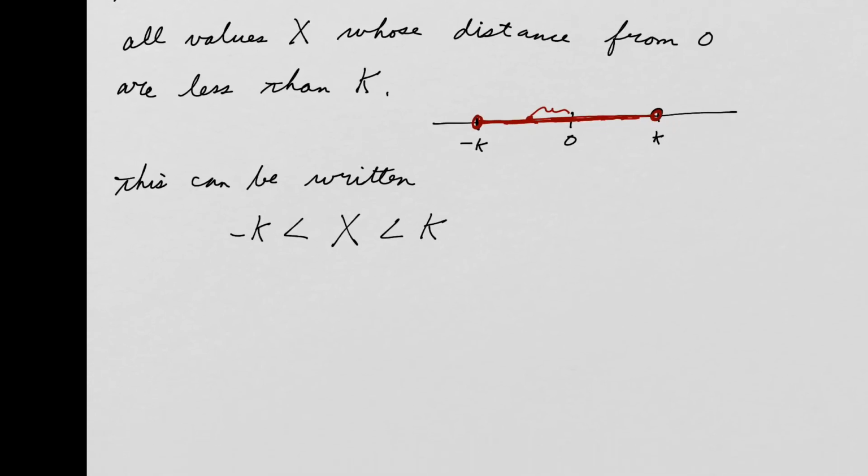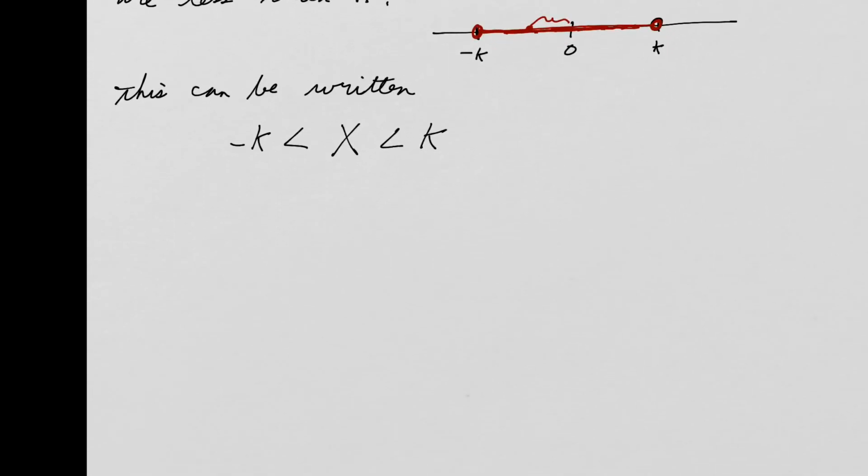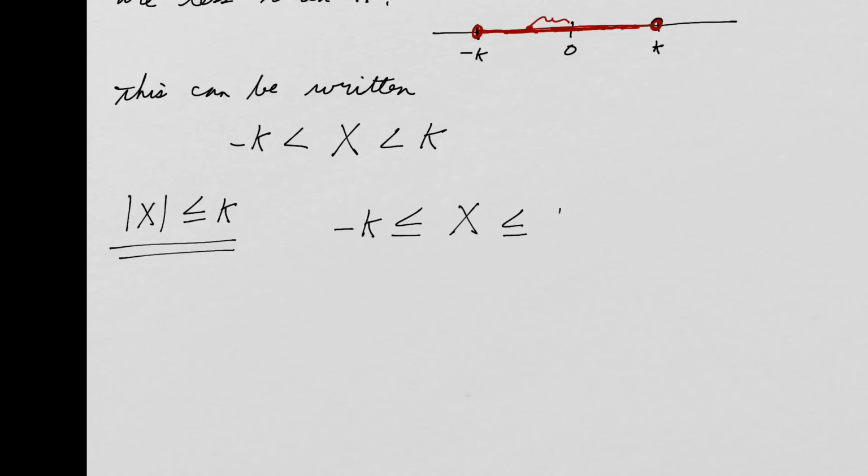Now, if you want to include the endpoint, let's say absolute value of x is less than or equal to k, then it's almost the same thing. You would rewrite this as x is greater than or equal to negative k, less than or equal to positive k. The only difference is now you're actually allowing the endpoint to be included in the solution.